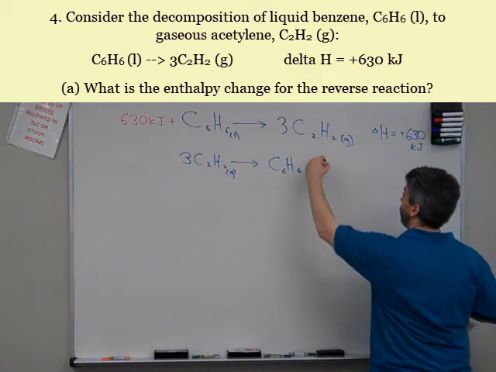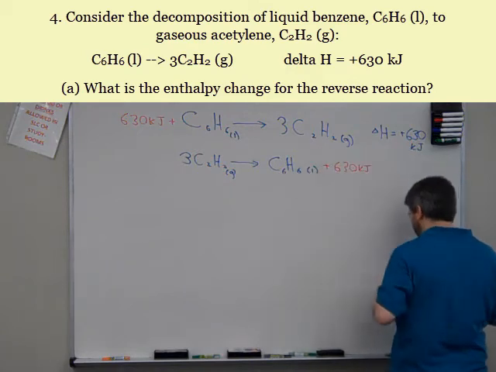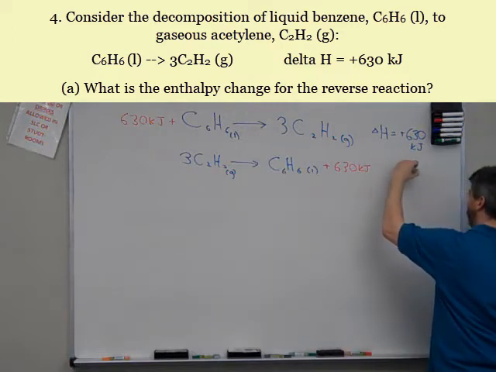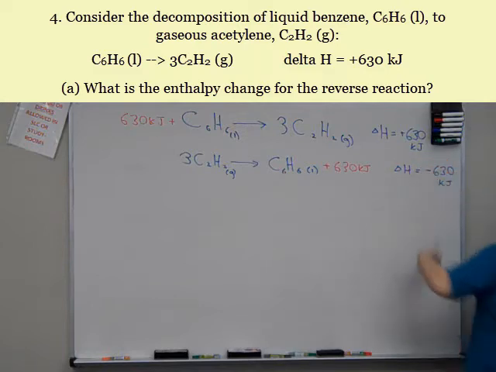And of course this is plus 630 kilojoules. And because it's a product on this side, that means heat is being released, which means the delta H for this equation is negative 630 kilojoules.